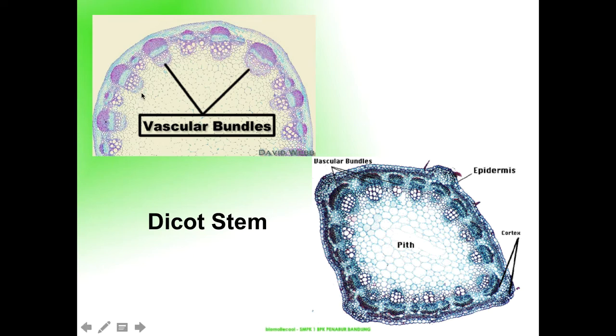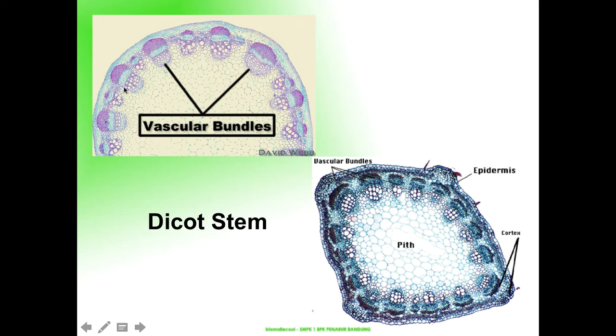Another thing you have to look at in a dicot stem, which will differentiate it from the monocot stem, is that this set of parts, xylem, phloem, and cambium, is called a vascular bundle. And if you notice the arrangement of vascular bundles in a dicot stem, they are arranged concentrically, depending on the shape of the stem, of course.